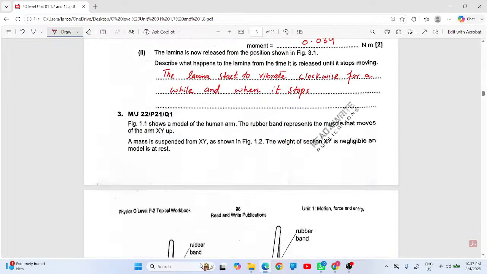So we write: when it stops, the center of gravity is exactly below the edge point.